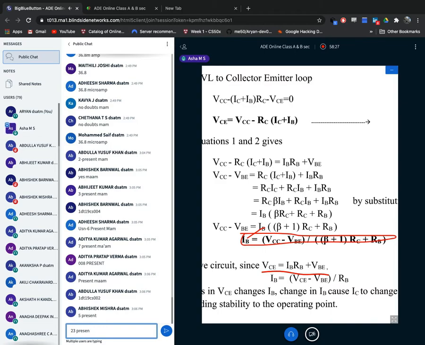Kaushika, 7 present, 8 present. Pradeep, yes. Prajakta, Aditya Raj, 9. Rajwal is absent. Prakriti, Abdullah Yusuf, yes, Pranav. I make this present.